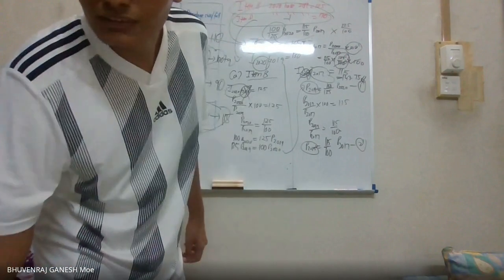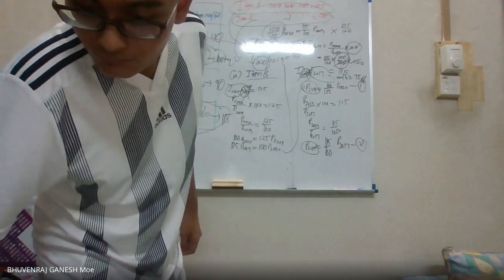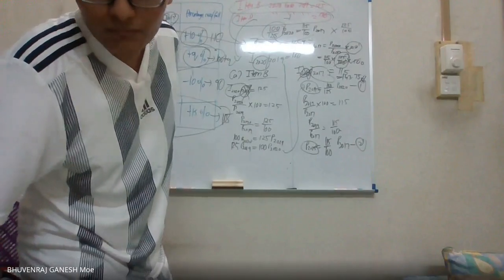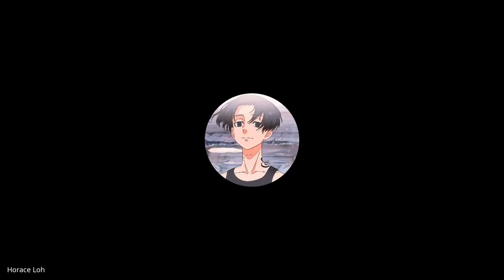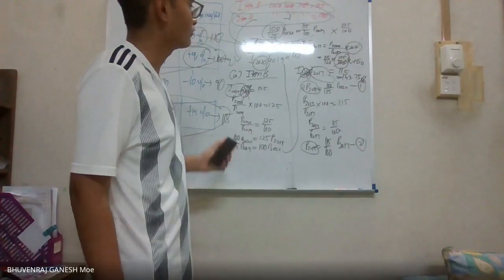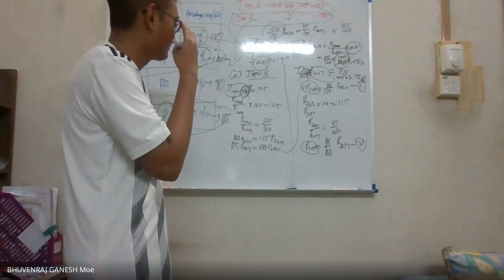Based on what you did, I think. The P value. Oh, P. 149.50. 149. Wait, let me see.